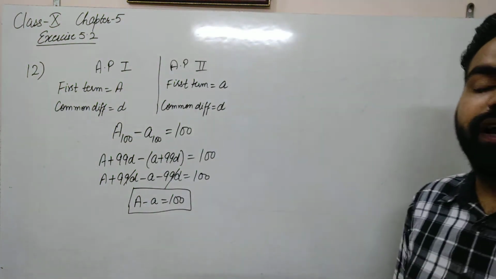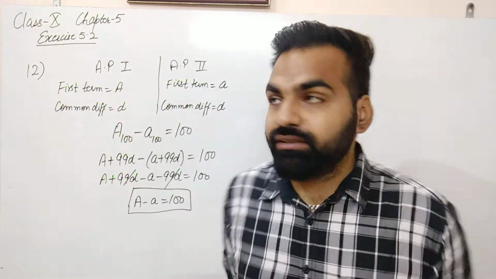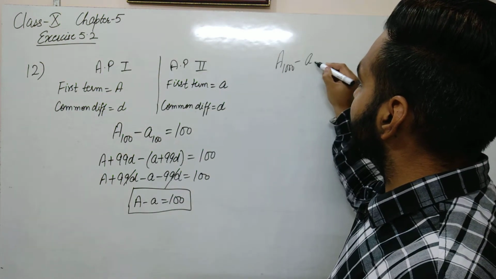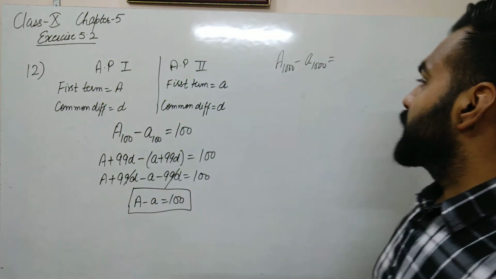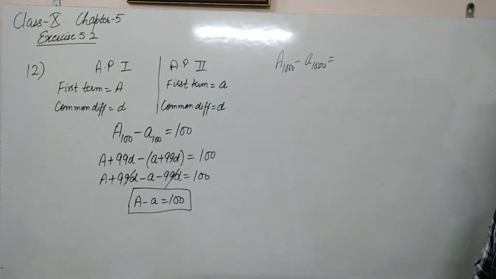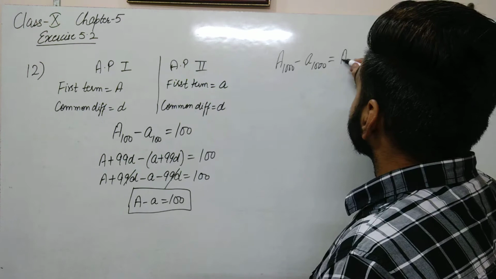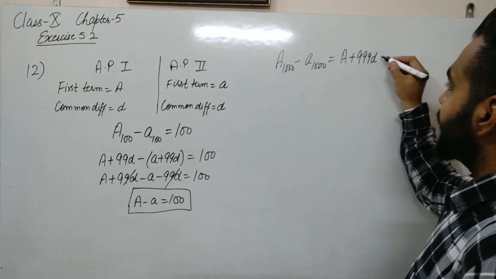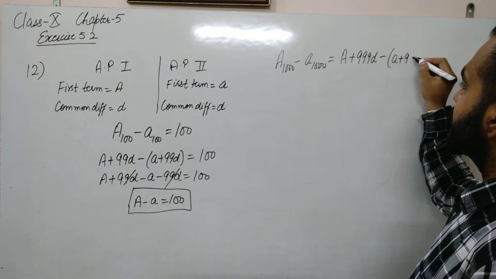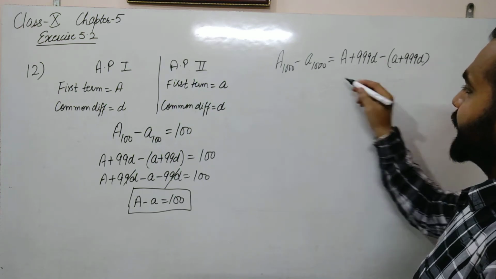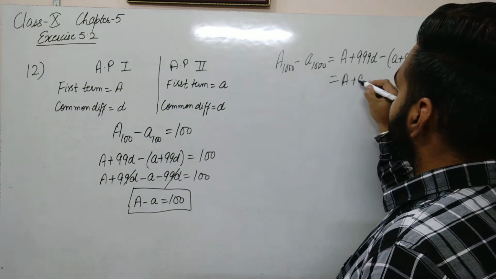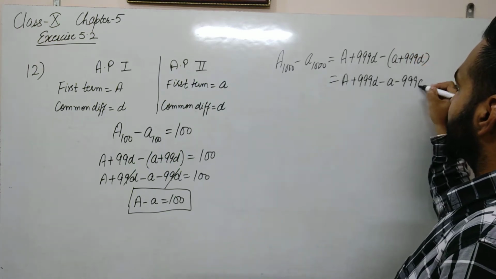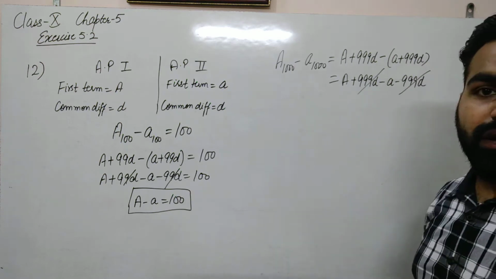Now we have to find the difference between their 1000th term. That means A1000 minus small a1000, we have to tell the difference here. So capital A1000 can be written as A plus 999D, and this can be written as small a plus 999D. So this will become minus a minus, this will again cancel out here.